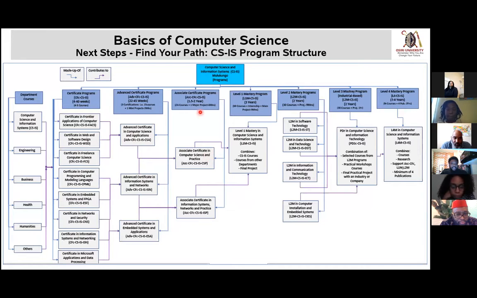So the idea is that by the time you get to the mastery, level 1 mastery, you would have done all the programs in this certification. So it's a continuous flow depending on where you start. And you don't need to go back to do something else simply because you want to go from a certificate program to a level 1. You can just continue.